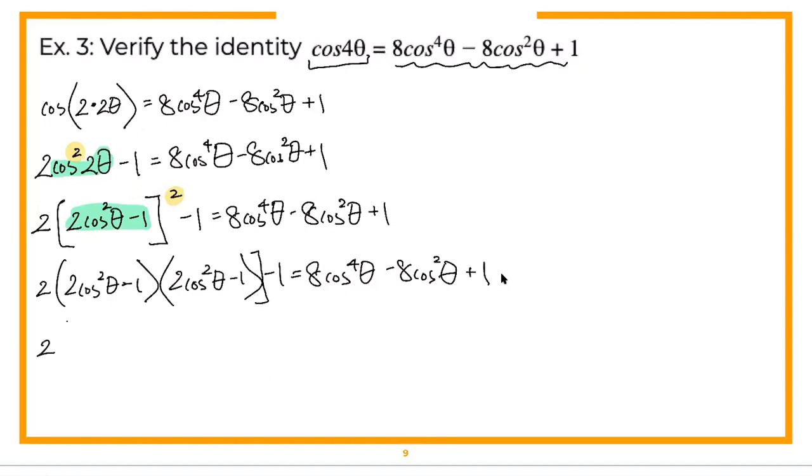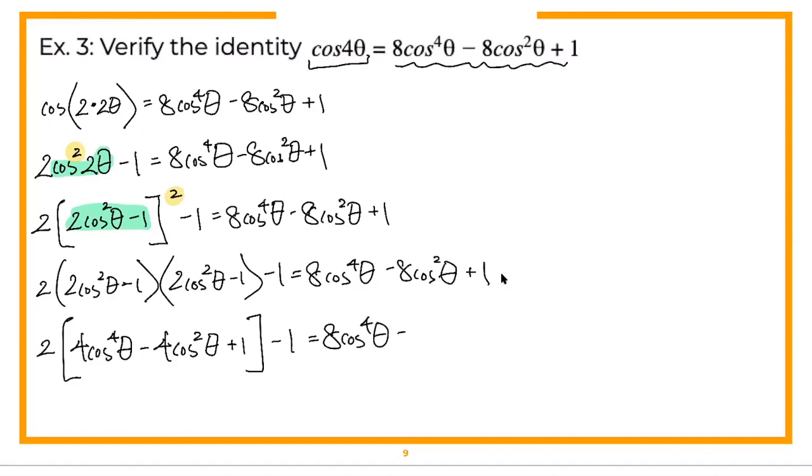So 2 times this becomes 4 cosine to the 4th minus 4 cosine squared plus 1, minus 1 equals the other side.